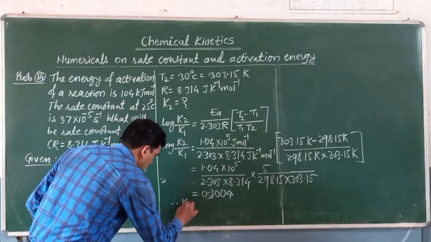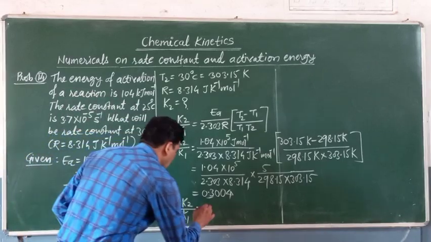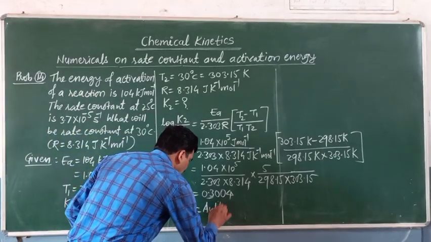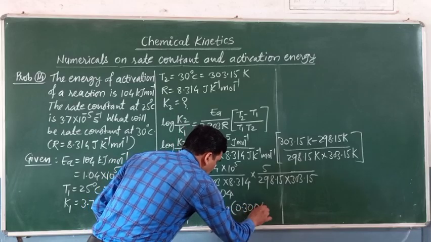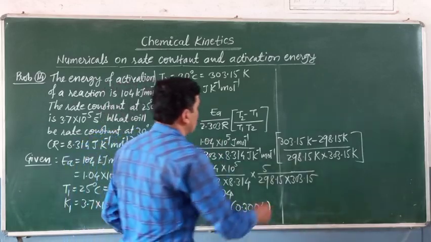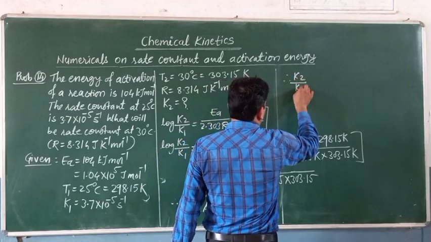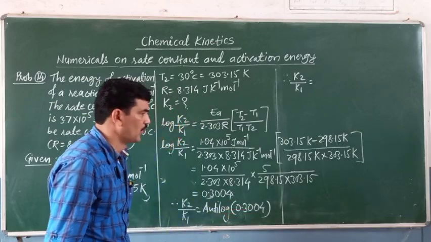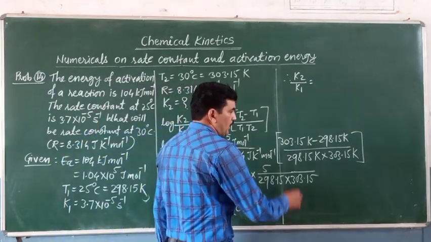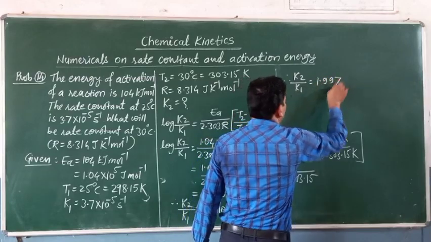Therefore K2 by K1 equal to antilog of 0.3004. Therefore here K2 by K1, antilog of 0.3004, it is 1.997.